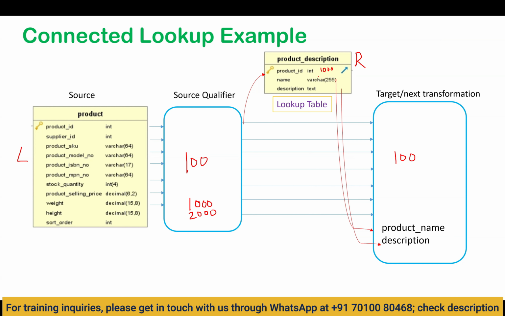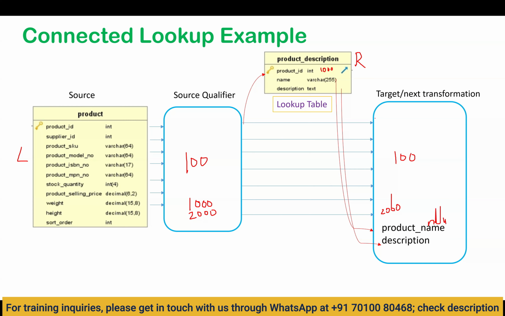In this case, the 2000 record will automatically come to the target. But what could be the product name or description? We will get null only, because for 2000 we do not have any product description or product name.